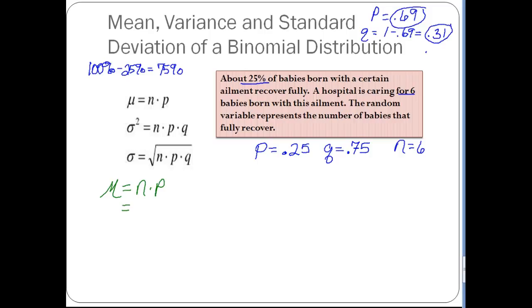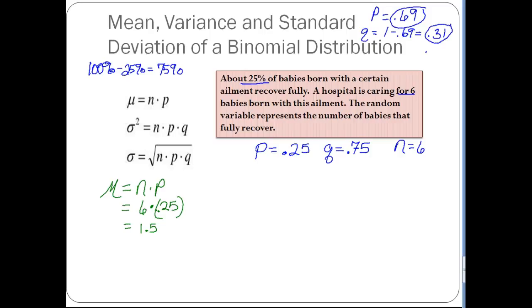Taking n, which in this case is 6, times p, which is 0.25. Let me put that in parentheses so it's a little neater. So mu, the mean, equals 1.5. If you plug that in your calculator, 6 times 0.25 gives you 1.5. So on average, we should see 1.5 babies fully recover out of every 6 births.